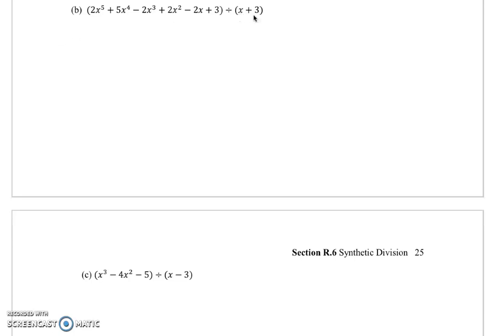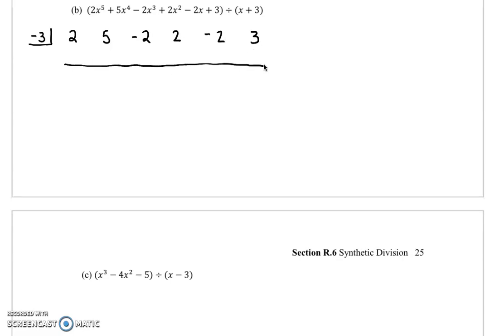So our divisor is x plus 3. That means we put a -3 in our box. And now we write down all the coefficients. So 2, 5, -2, 2, -2, and 3.